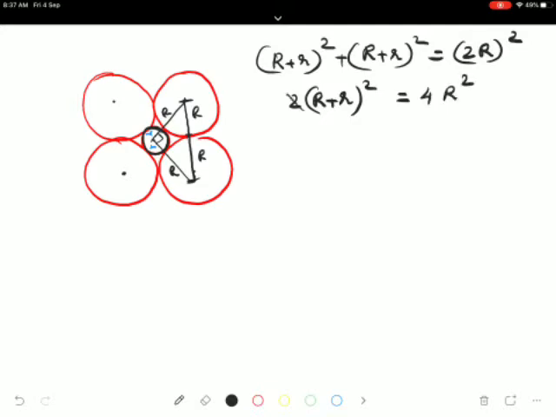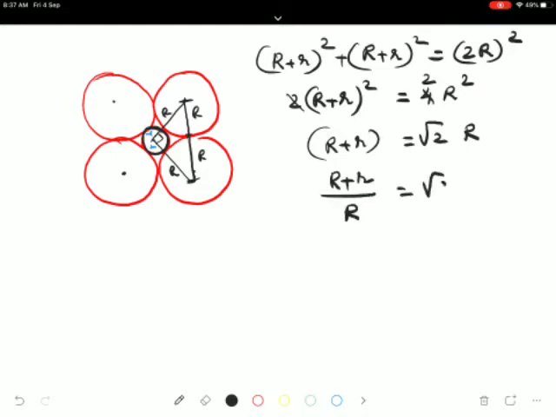You can cancel this 2 and you can take the square root. When you take the square root, R plus r is equal to root 2 R, or (R plus r) divided by R is equal to root 2.